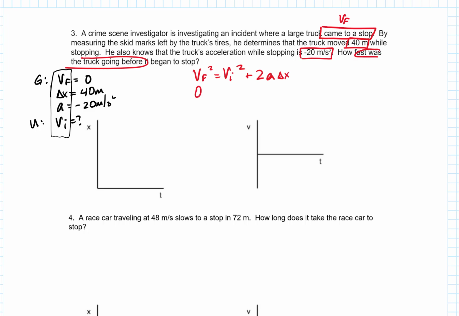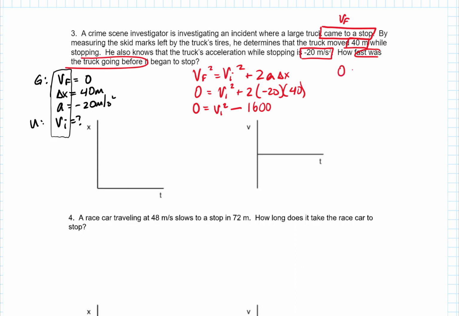So our final velocity is 0 equals the initial velocity, which we don't know, squared plus 2 times negative 20 times 40. So if we multiply everything out, we get 0 equals initial velocity squared minus 2 times negative 20 times 40 is 1600, so minus 1600.